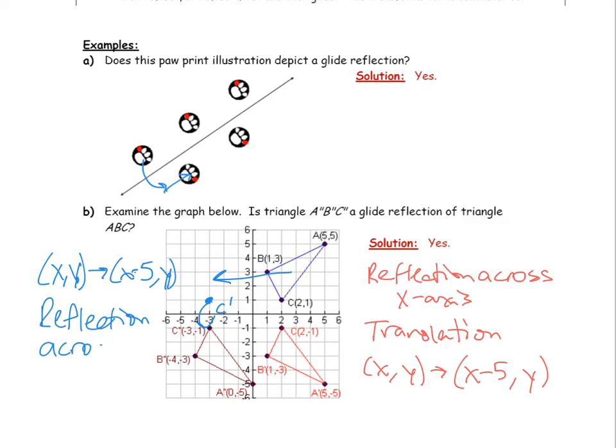So it's the same two transformations in a different order. In a glide reflection, that order won't matter. So this is a glide reflection. We can translate and reflect and end up with our final image, the double primes.